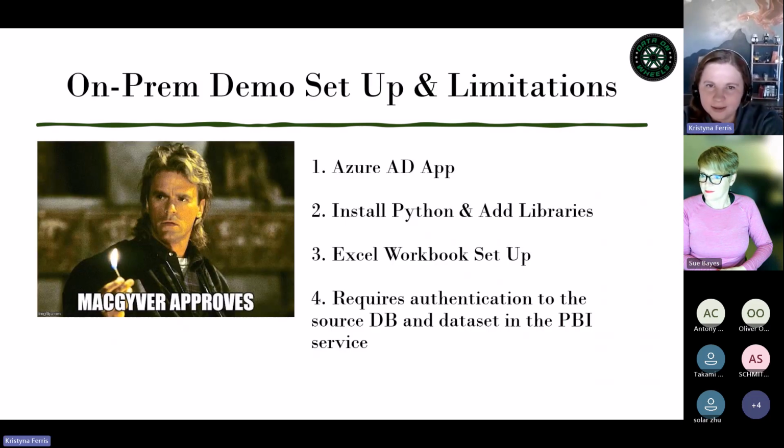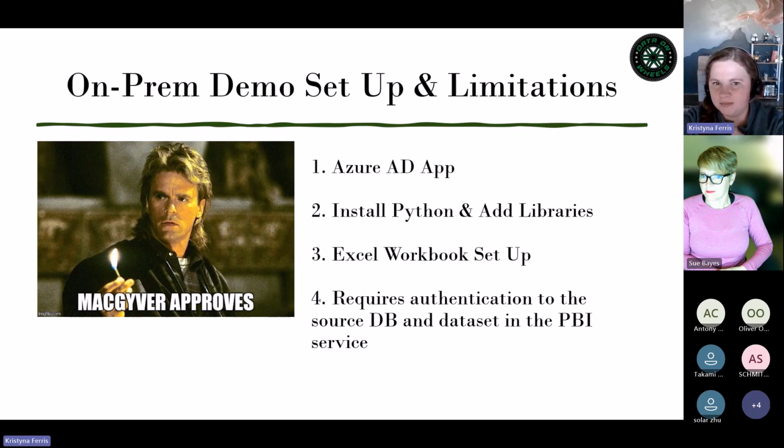All right, so we're going to talk a little bit about the on-prem demo. Like I said, it is kind of a MacGyver situation where essentially we have to use an Azure AD app to authenticate. We don't have to do that in Sempy. Now, the exception to that is something else I want to show you if we have time: right now, there is no way to specify a service principal or a service account if you're running a notebook.